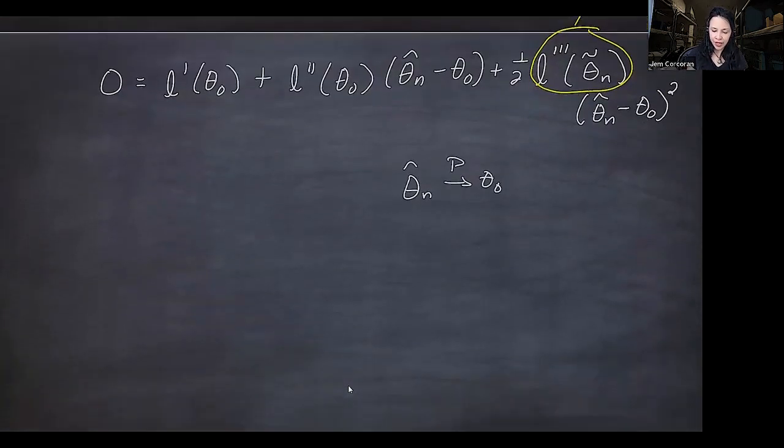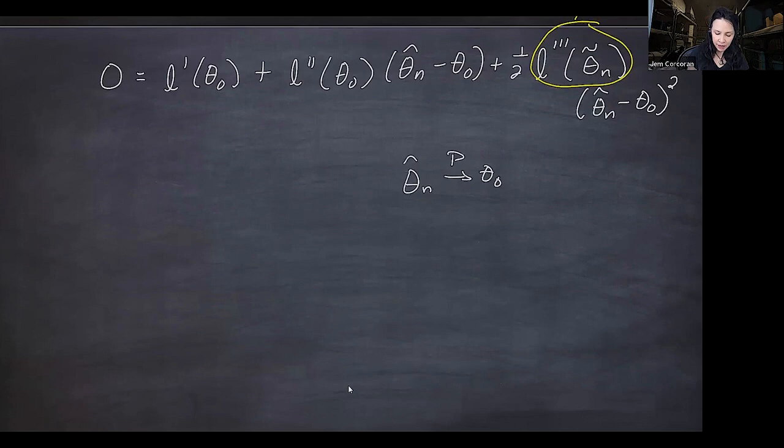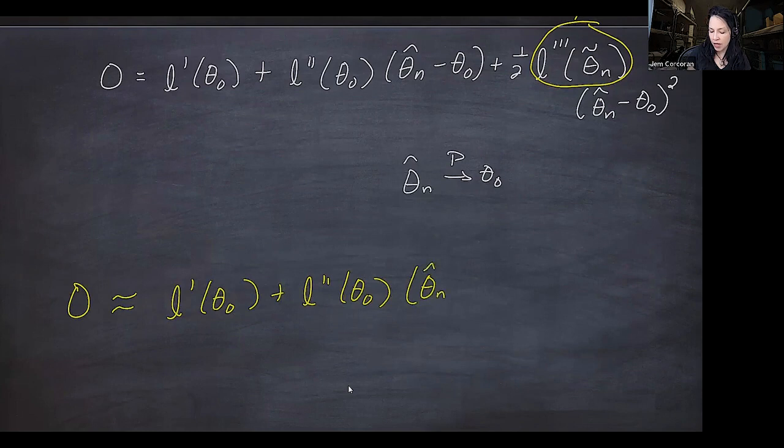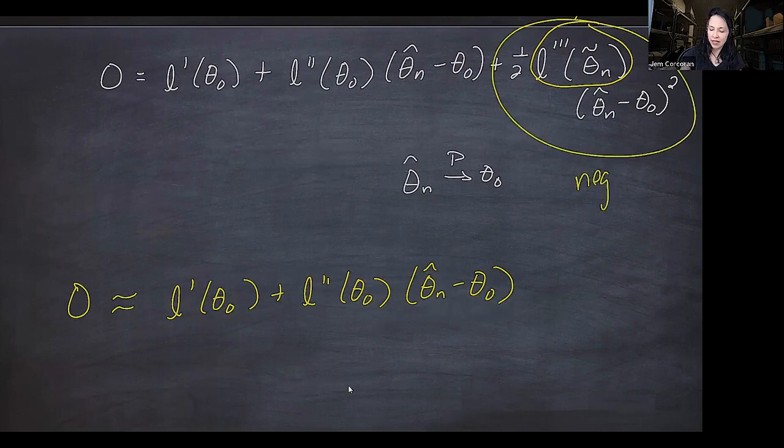So what I'm going to say in the interest of time is that we basically have 0 is approximately L prime theta naught plus L double prime theta naught times the MLE minus theta naught. And this is kind of negligible because it goes to 0 fast enough, but I want to formalize that next time.